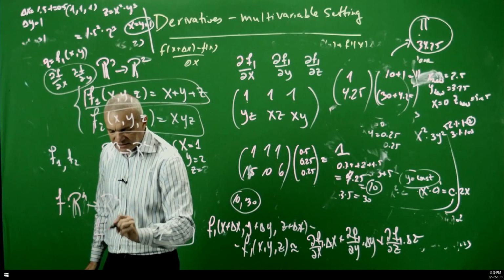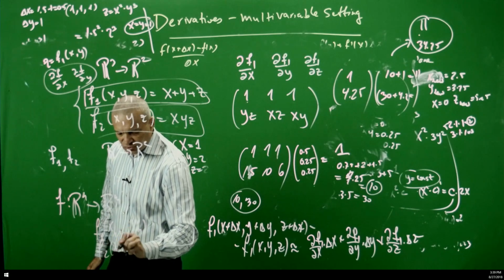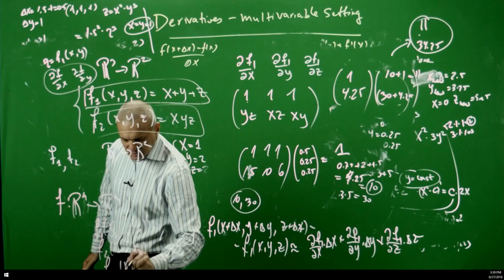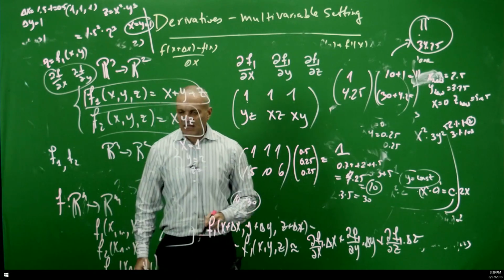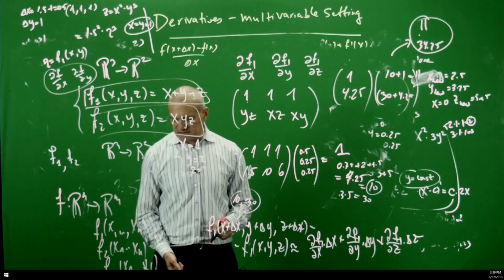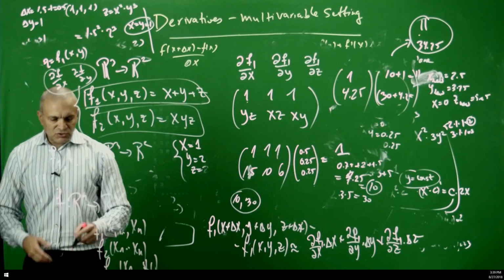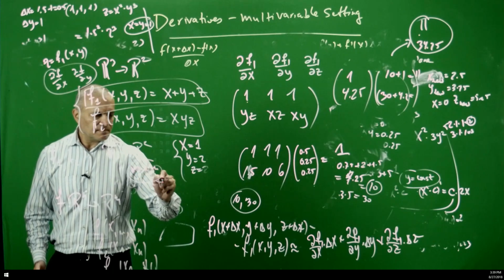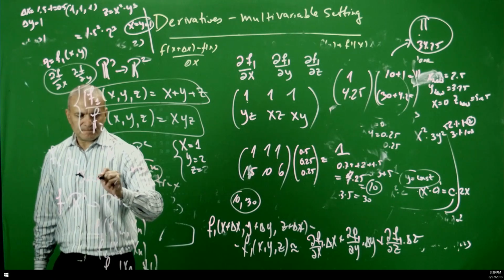So it's f1 of x1 to xn, f2 of x1 to xn, fm of x1 to xn. Okay? And if you have something like that to differentiate, you're going to get an m by n matrix. Okay? This matrix is called the Jacobian.